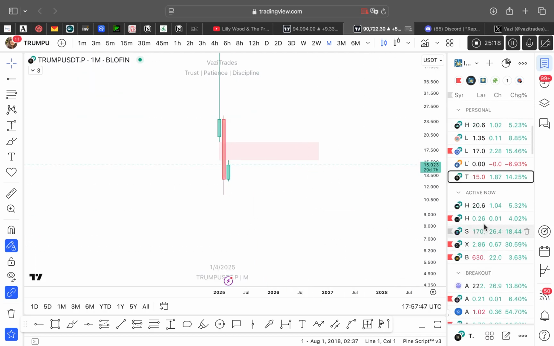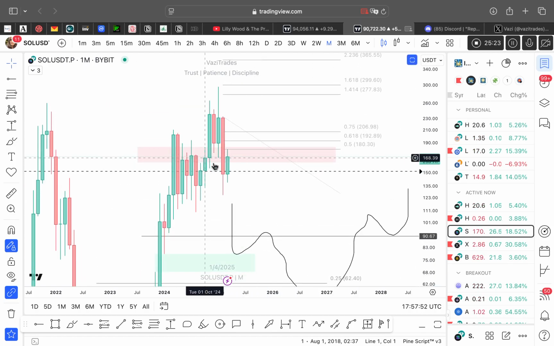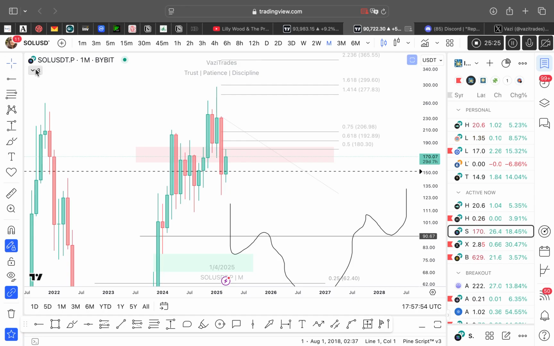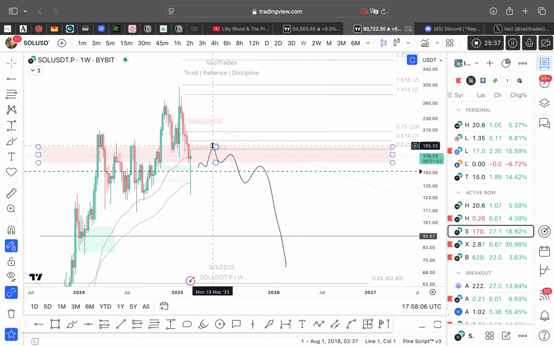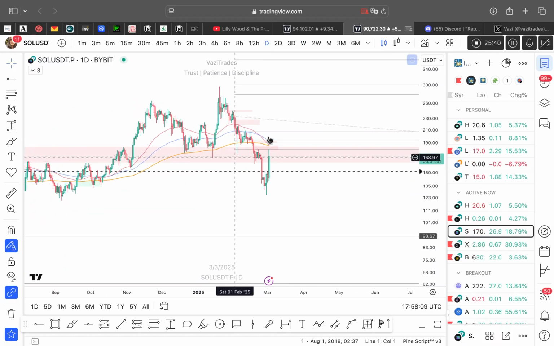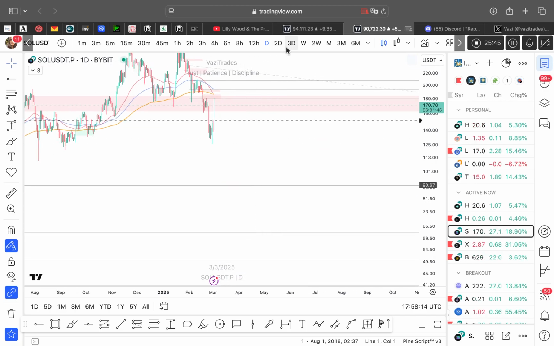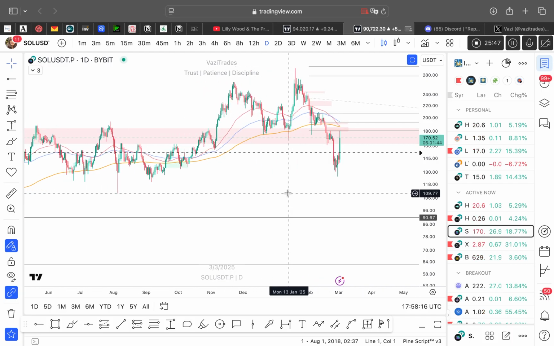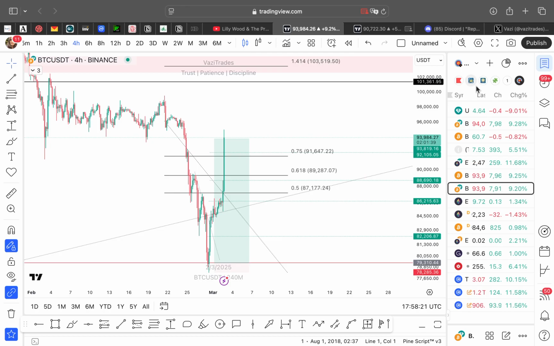So yeah, be careful. This one also retested monthly FVG. I think it has monthly FVG here. And look, it tested the 0.5 level that I drew. Weekly FVG. Daily FVG 0.5.